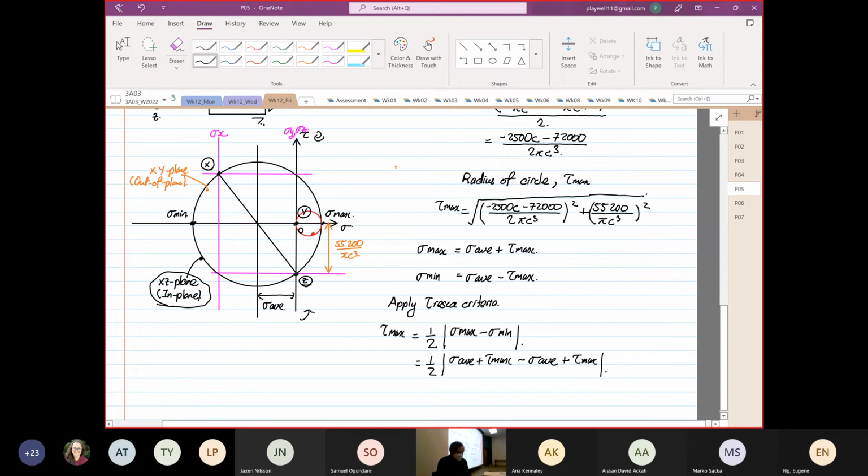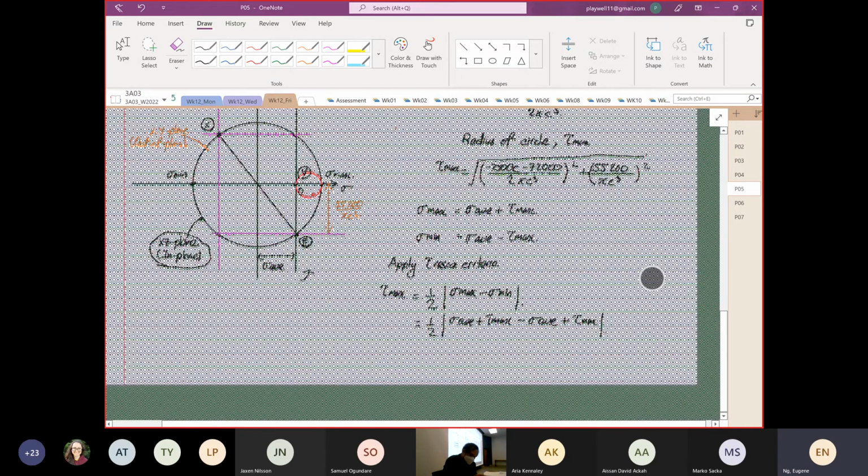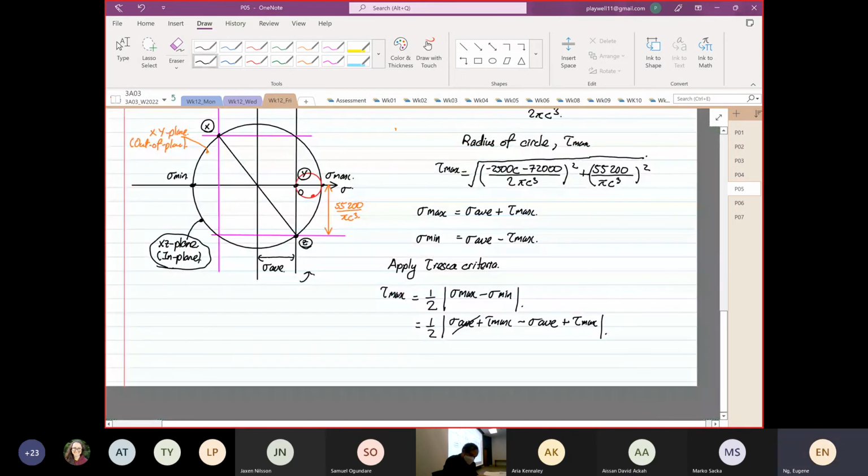So you can get rid of your stress average. Right? So this will be equal to half of two tau max, and it is equal to tau max.